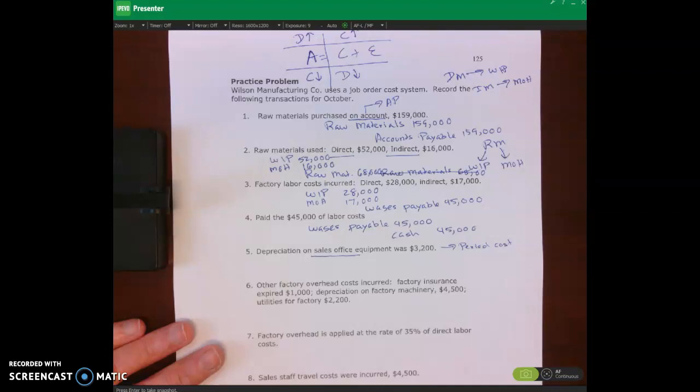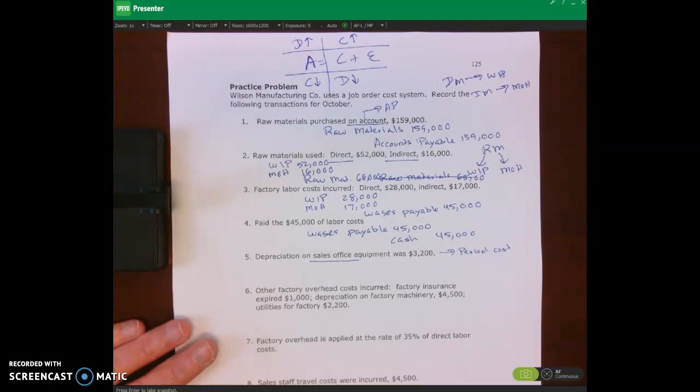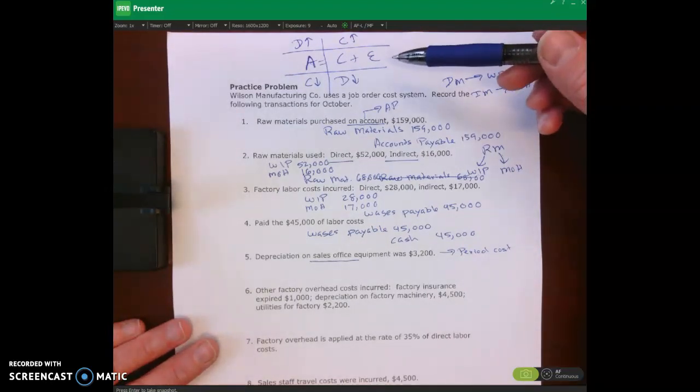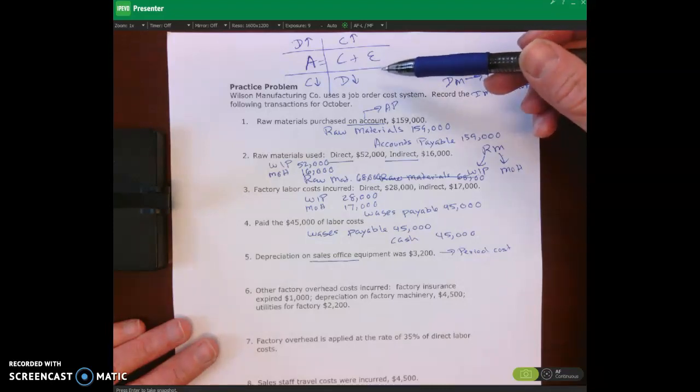The second question is, what is the journal entry to record depreciation? You should remember it's a debit to depreciation expense, credit to accumulated depreciation. How does that fit in terms of our accounting equation? Depreciation is an expense, and the way that I increase an expense is with a debit. Why?